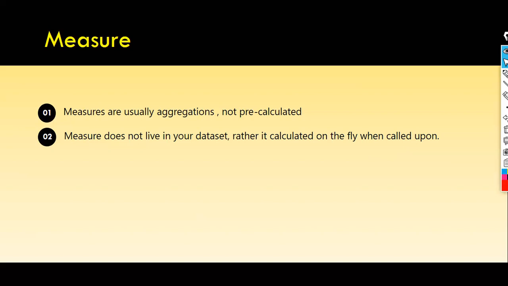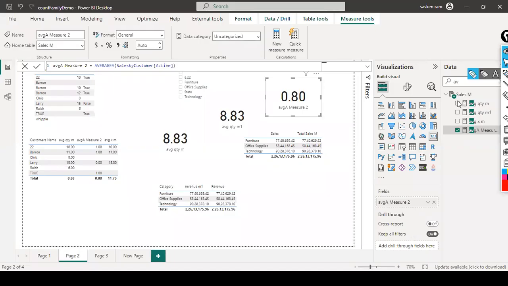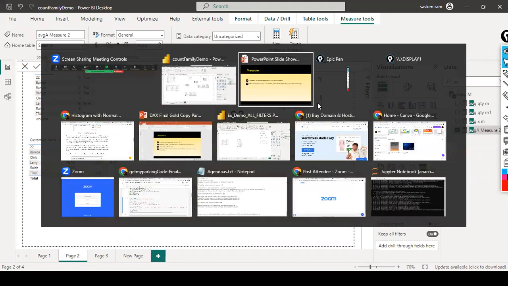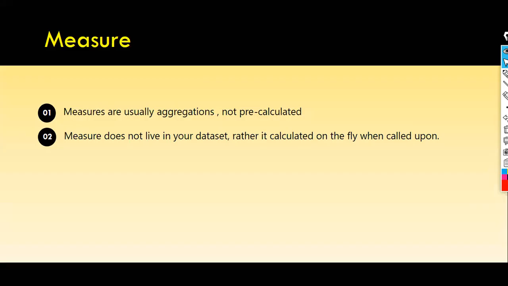But the challenge here is, look here, I have created this measure. The moment I drag and drop it, only then does it compute. It performs the calculation, average or sum, whatever function you use, on the fly when called upon.